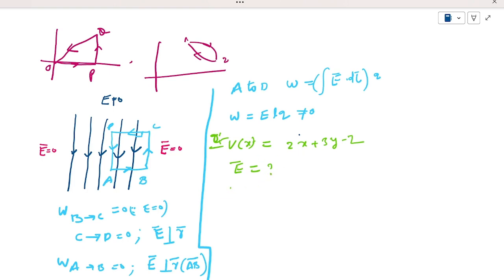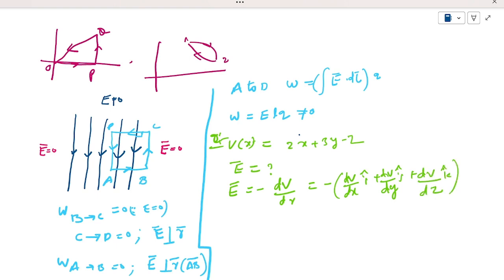We know the electric field is equal to the negative gradient of the potential, minus dV by dr. That equals minus of dV by dx i cap plus dV by dy j cap plus dV by dz k cap.